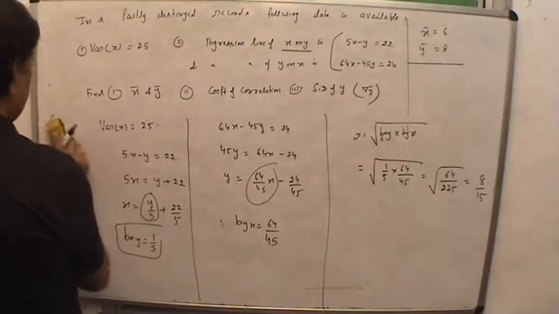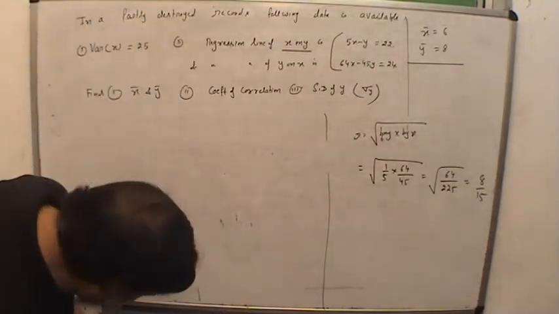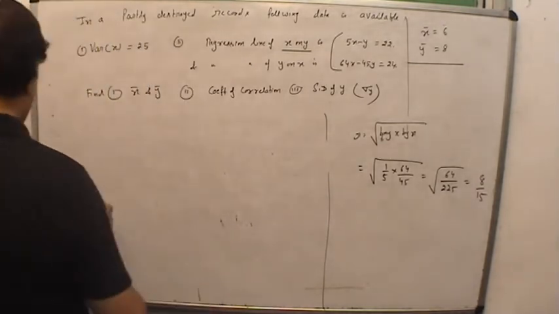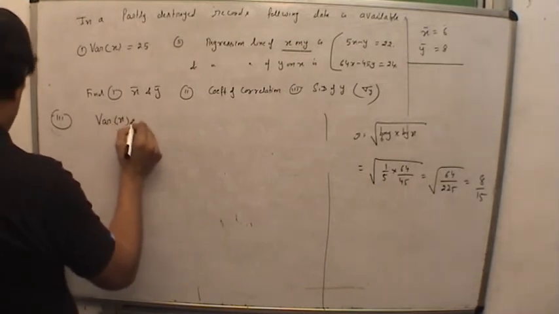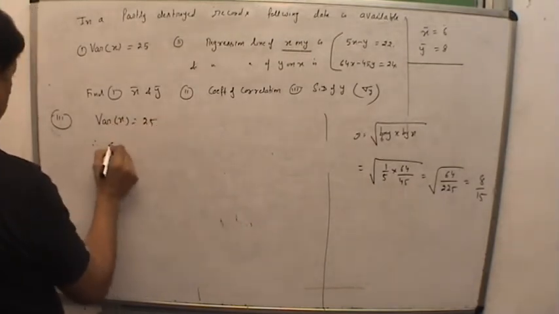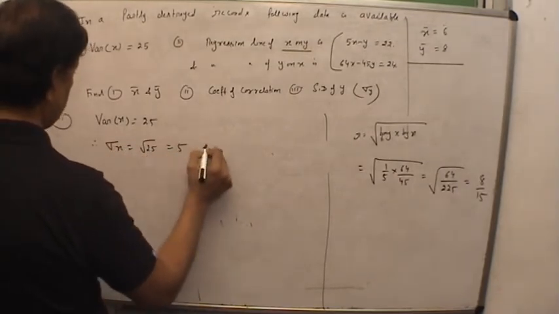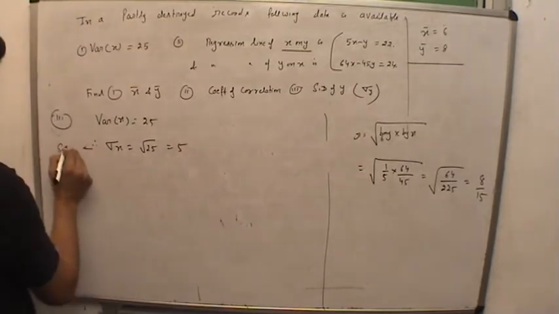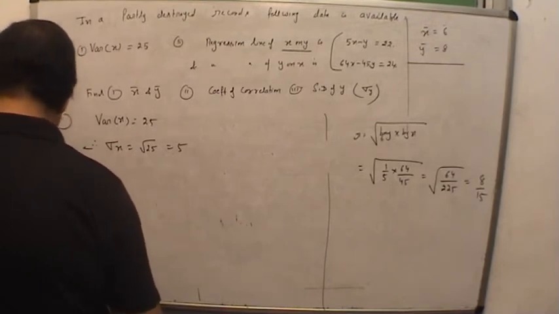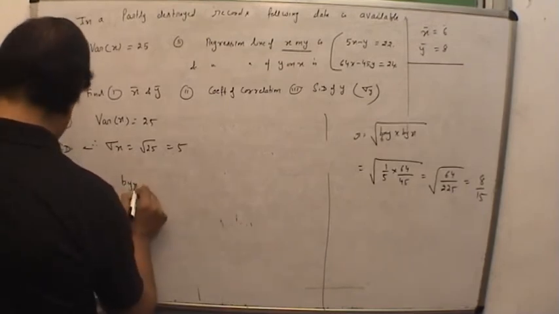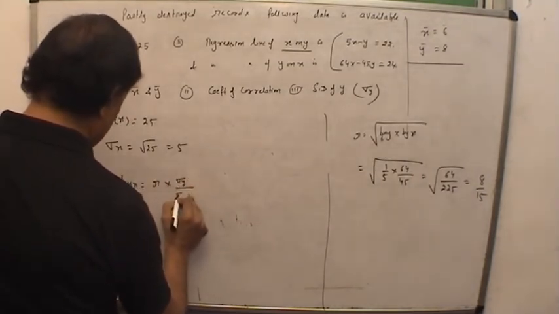For the third part, we have to find the standard deviation of y. We are given that the variance of x is equal to 25. Therefore, standard deviation of x is equal to the square root of 25, that is equal to 5. Then byx is equal to r into sigma y upon sigma x.